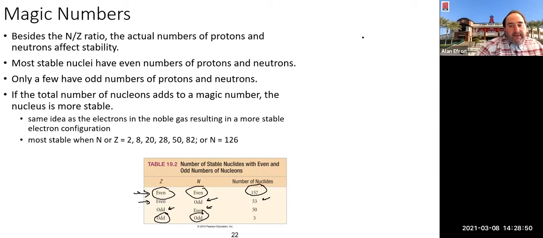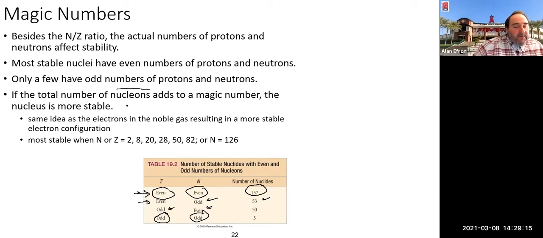So sometimes people might not calculate the N to Z ratio, but just look and go, oh, that's even and even, then that's a really good stable situation. Or that's odd and odd in terms of protons and neutrons, that's not such a good situation. Also, if the number of nucleons adds up to a magic number, it's more stable.